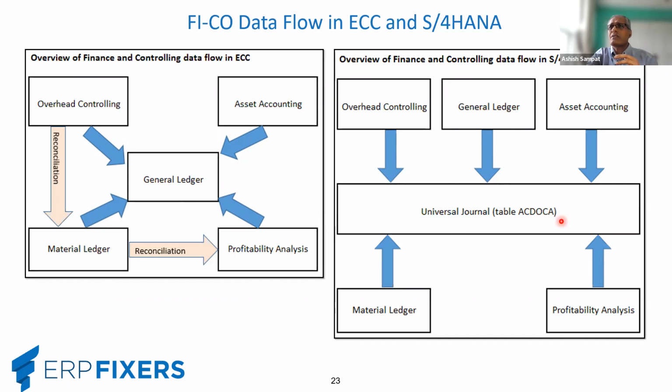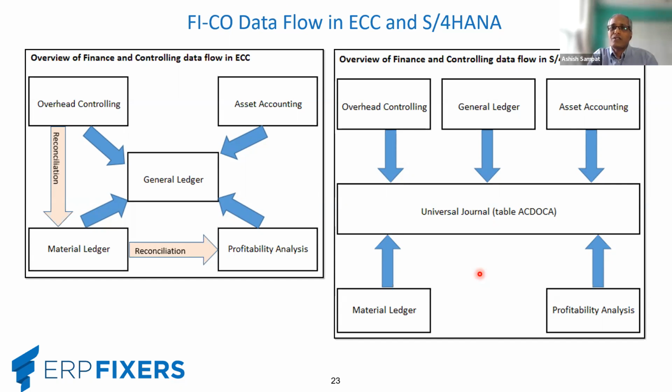So whereas ACDOCA, BSEG, BKPF, those tables remain, BSIS, BSAS, BSIK, those open item, cleared item tables for vendor, customer, GL, they have been removed or changed to a view option. Instead of an update option, it's more of a view. So that's how the transition is handled, if you want to put it that way.